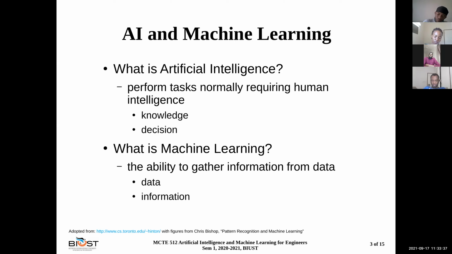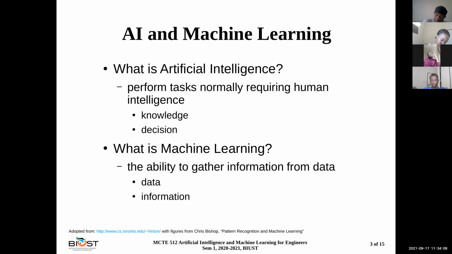So in a sense, artificial intelligence is the very big picture, and machine learning is part of it, where machine learning is the one that processes the data, gathers the information and makes decisions. So let's agree that artificial intelligence is the much bigger mother, and machine learning is a subset of it.